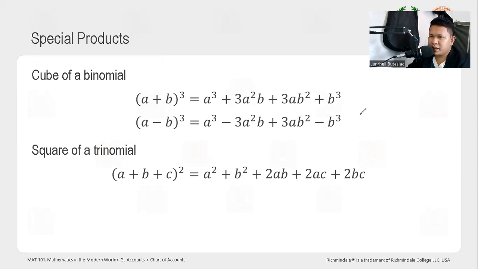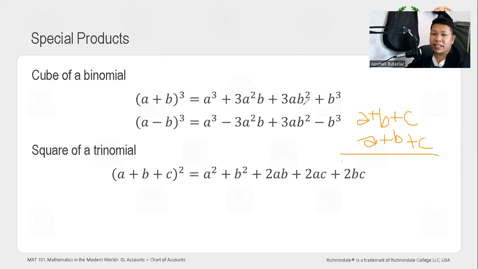But anyway, a plus b plus c multiplied by a plus b plus c. They are actually the same, guys, but you have to distribute this into 2 so that you can easily solve it.